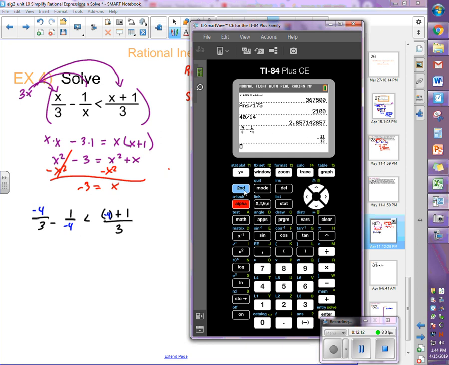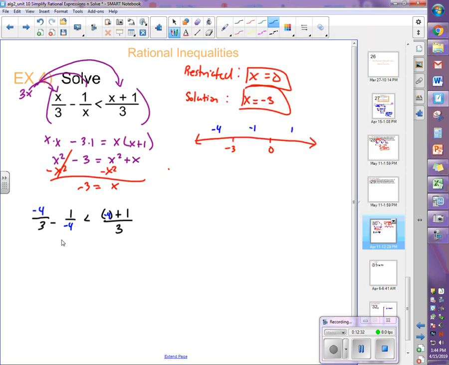I also need to do the other side. So negative 4 plus 1 over 3. So what we're seeing is, is negative 13 over 12 less than negative 1? And yes, that is true.